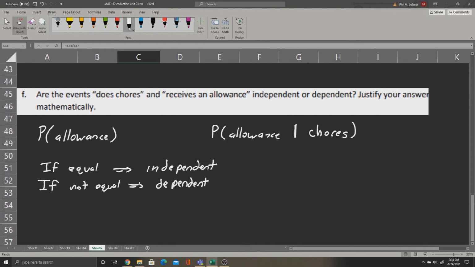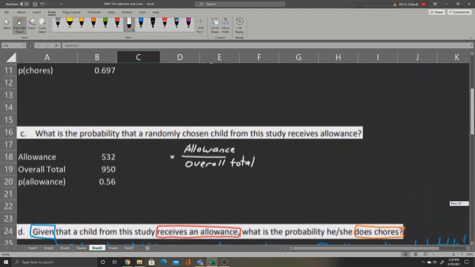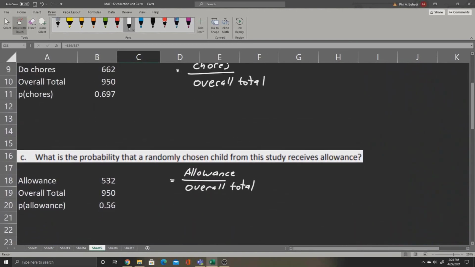Now, we've already calculated these probabilities in previous steps. First, let's find our probability of getting an allowance. We found this in part C, and we see that the probability of getting an allowance is 0.56.